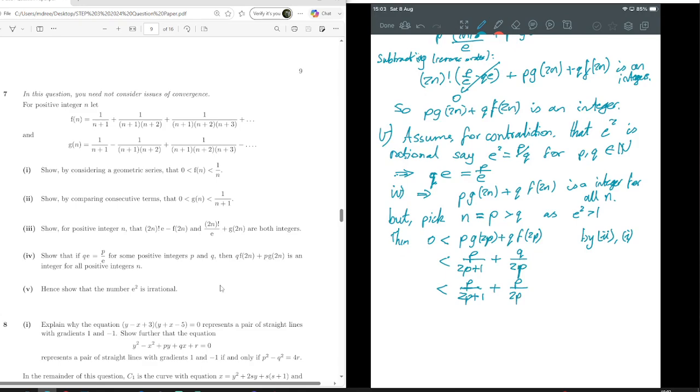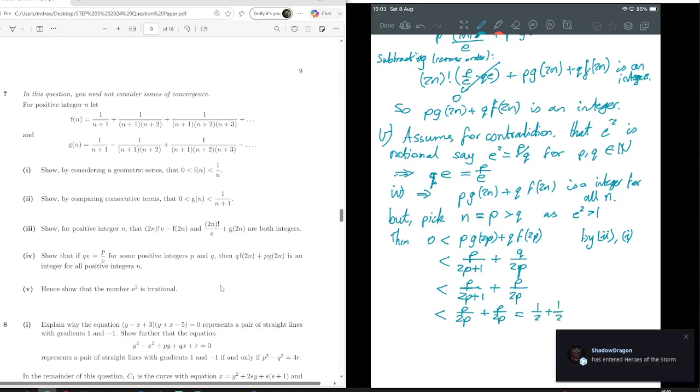Now if I want to make this bigger again, I can make the denominator smaller. So this is p over 2p. This fraction is slightly less than a half, but I'm bounding it by a half, which is equal to a half plus a half, which equals 1.